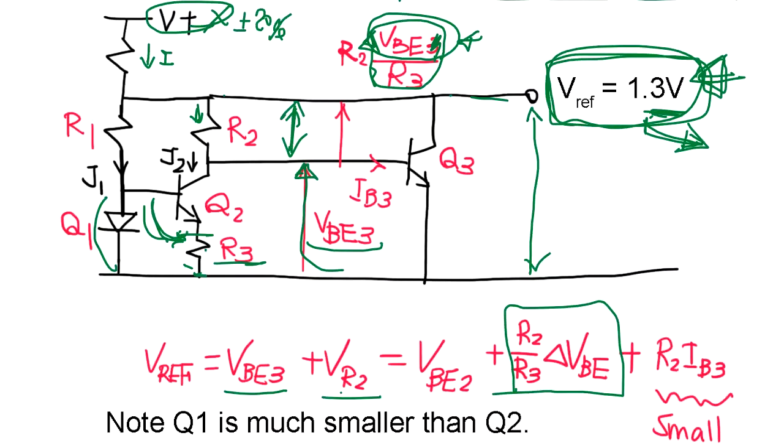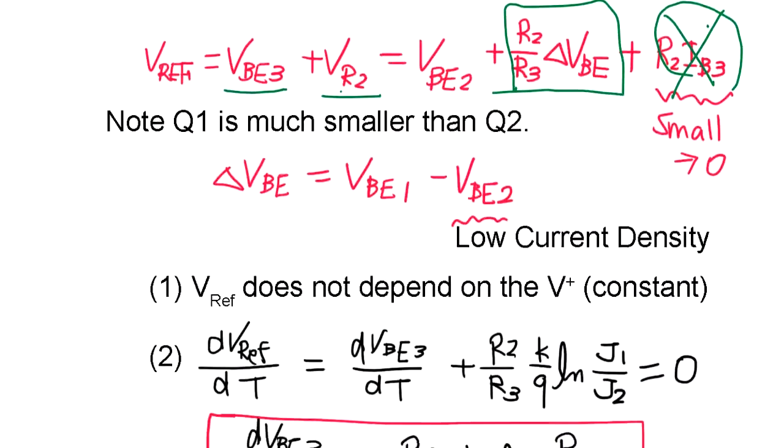Okay, so V reference depends on this guy and this guy and this one. We have some current flowing for the beta. Well, this is small, so it's neglected, right? Very small factor.